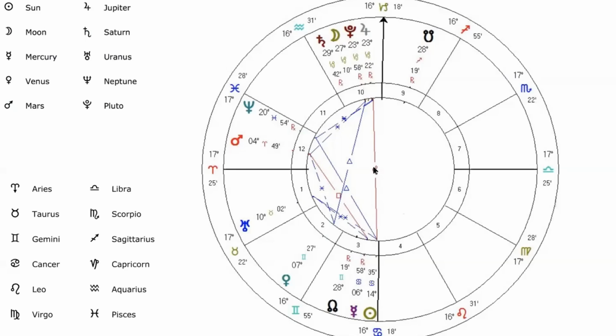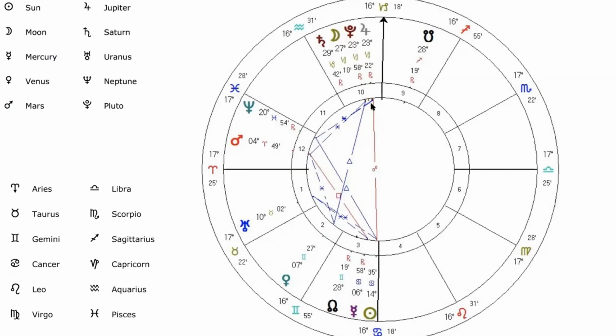Then you need to know exactly at what degree that planet is to know when that transit is going to happen. And also, by the way, the degrees become important once we start talking about aspects, which is the interrelationship between the planets. And the aspects are shown in this chart by this mass of lines in the middle of the chart here.